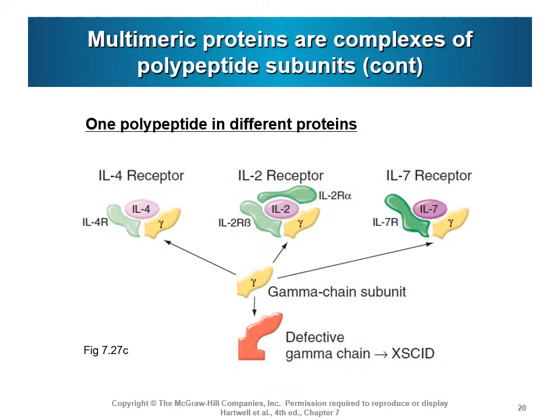However, there is one subunit that is exactly the same across these three different interleukin receptors. That's the gamma subunit. So if there is a mutation causing a dysfunction in the gamma subunit, it is going to affect binding and functionality of all three receptors we are discussing here.